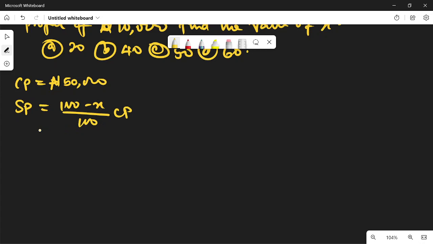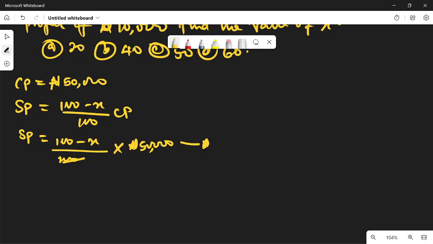So we have that the selling price is (100 minus X) over 100 multiplied by 50,000 naira. Let's call this equation star. That's the selling price, the amount that he sold the article to Femi.